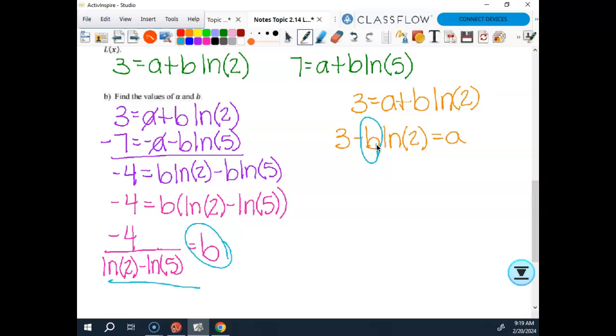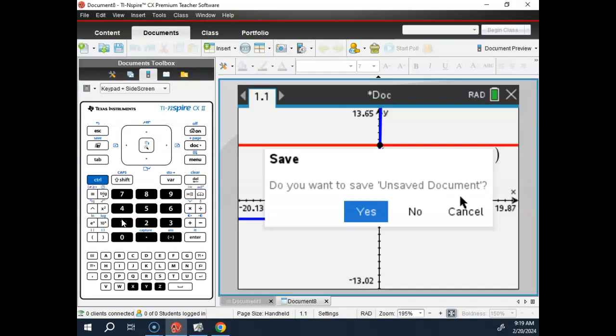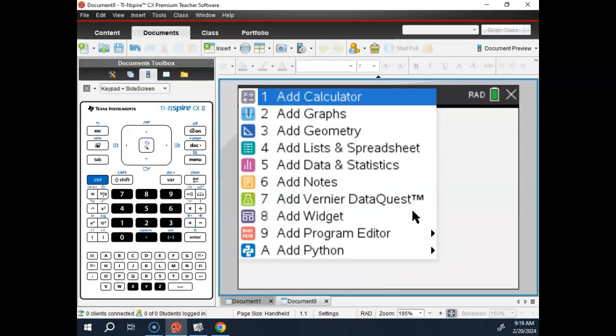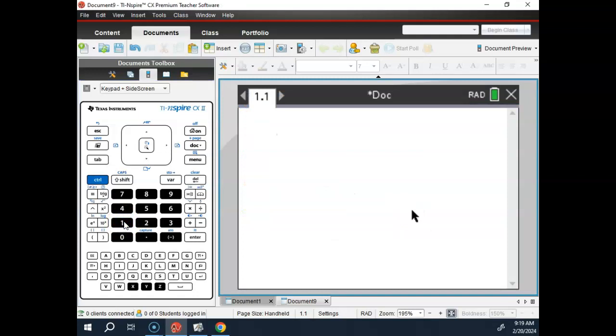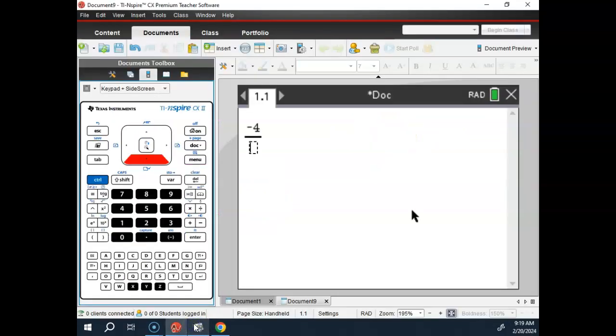Okay, so let's go to the calculator. Let's just get a whole new thing so we don't mess anything up. We're going to add a calculator. I want to start with a fraction so I don't mess up parentheses anywhere. And I have -4 divided by natural log of 2 minus natural log of 5.